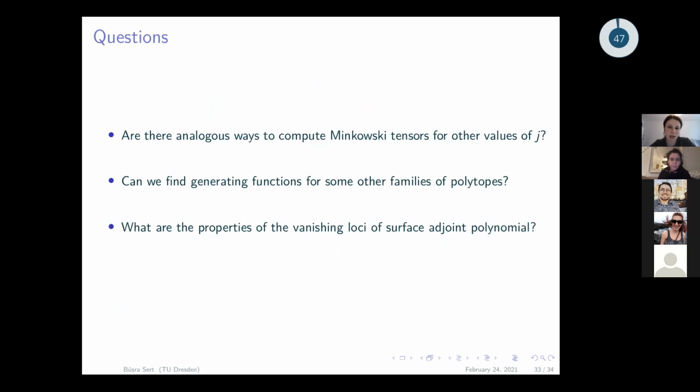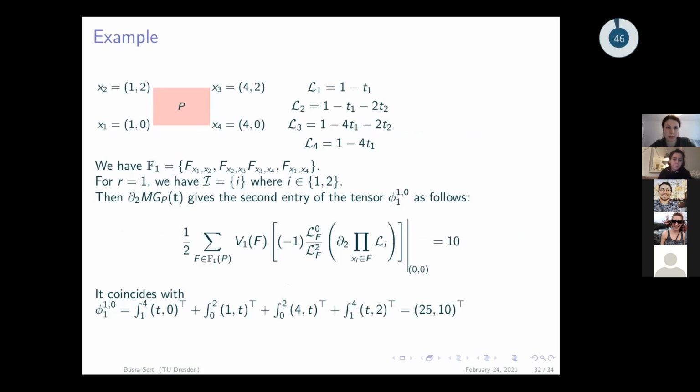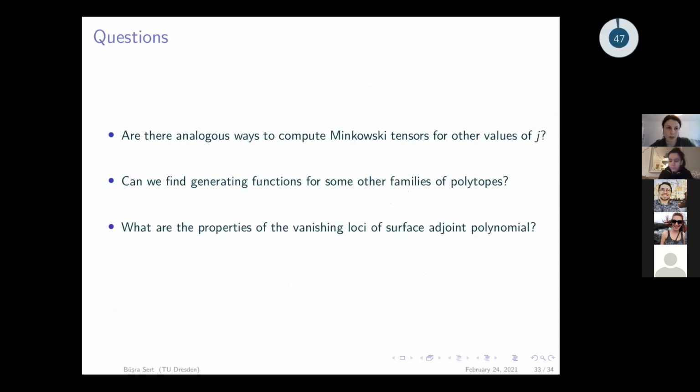So that was what we have done so far, but there are still some further questions to continue working on. One of them is whether there are analogous ways to compute Minkowski tensors for other values of j. We did it for j equals d minus 1, but for example, what happens when j equals d minus 2?